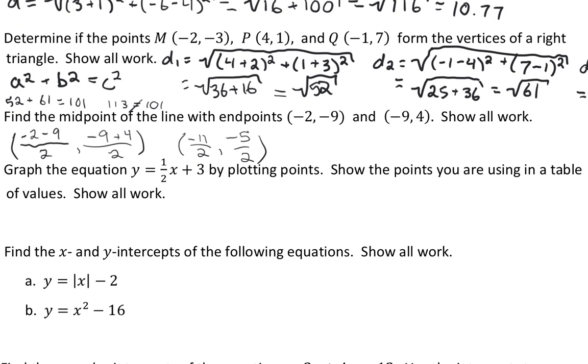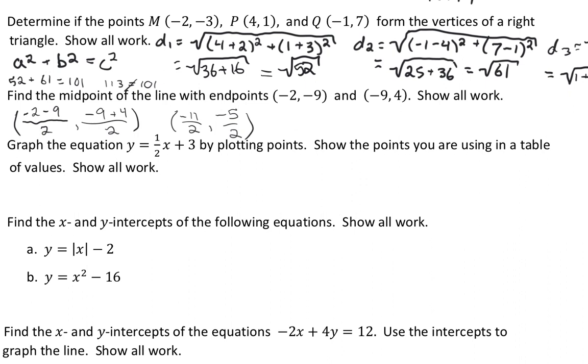All right, for question 4, it says graph the equation y equals 1/2 x plus 3 by plotting points. Show the points you're using in a table of values. Show all work. All right, so we're going to start by making our table. Here we're going to have x, y, and then our point x, y.